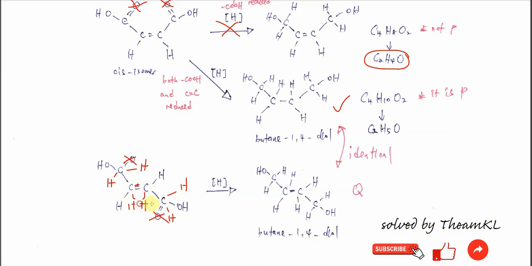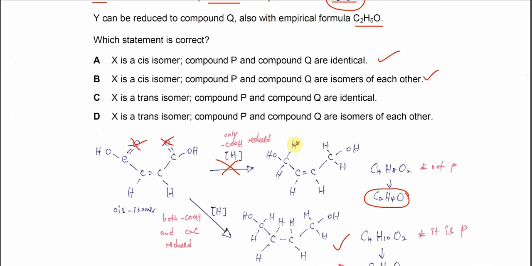So eventually it will form the same compound, butane-1,4-diol. There is no cis-trans isomer there because the C=C double bond is no longer there. So since the reduction of X and Y both produce butane-1,4-diol, which is the same compound, therefore we know that the answer is A.